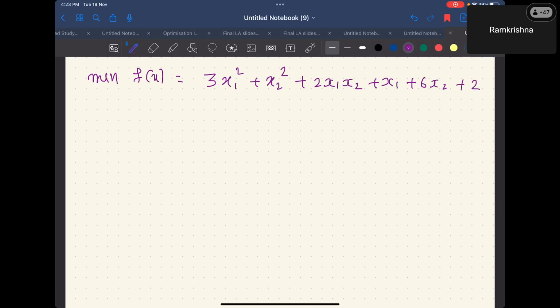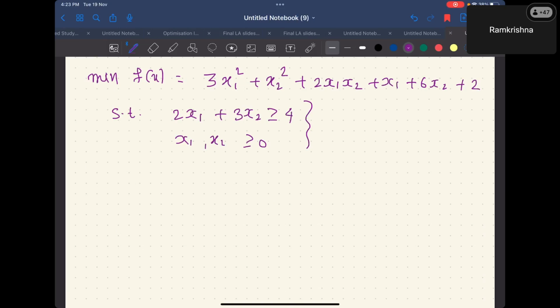Nothing to be scared of, it's a pretty friendly function itself. Such that twice x1 plus 3x2 is greater than or equal to 4, and x1, x2 is greater than or equal to 0.